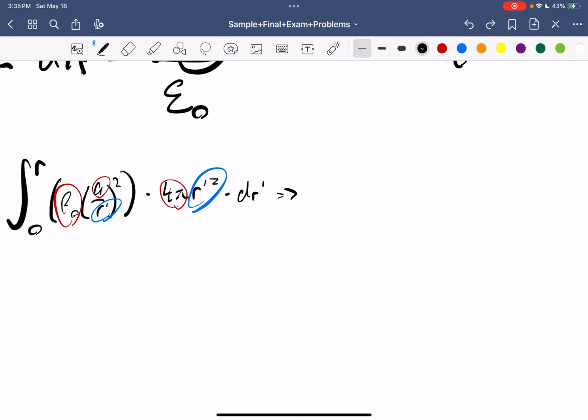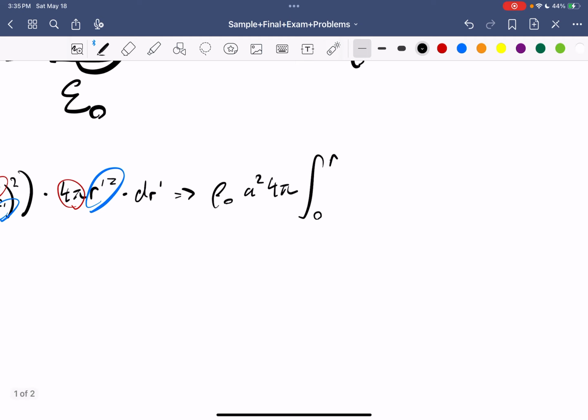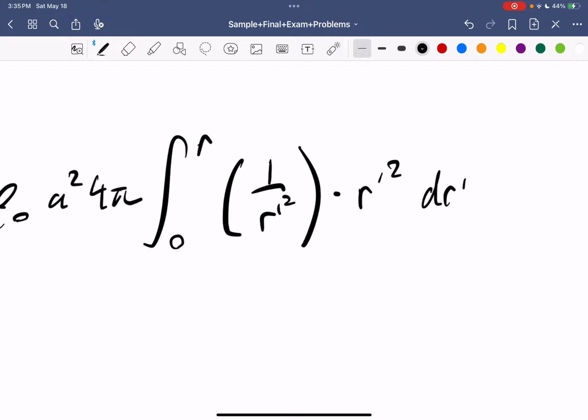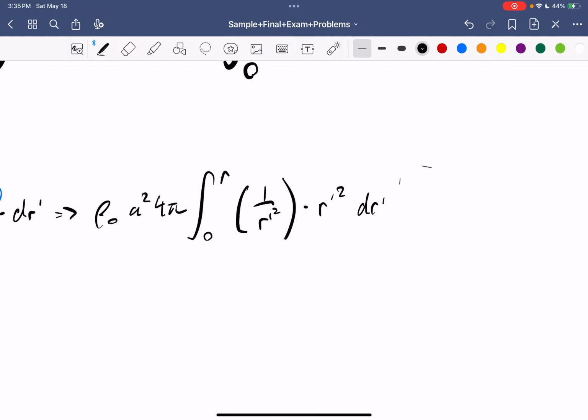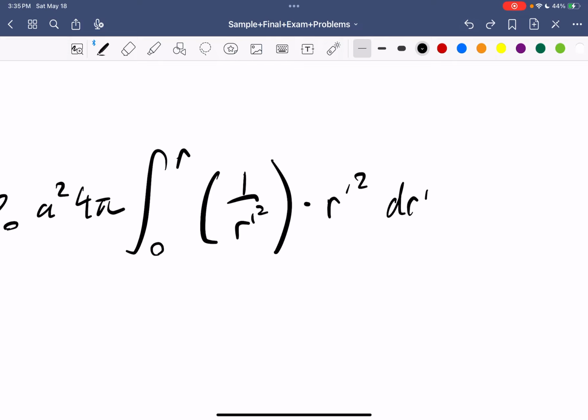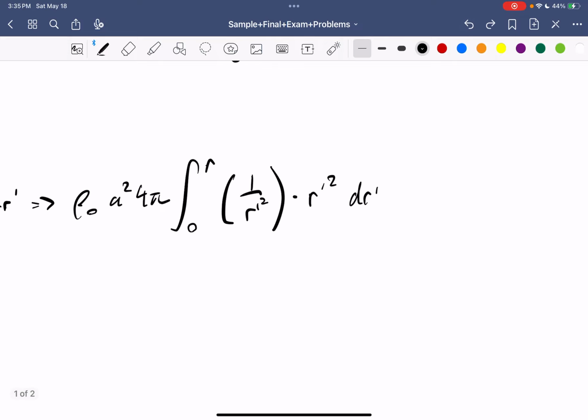So let's just move all the constants in front: rho sub naught, a squared, and 4 pi, times the integral of 1 over r prime squared times r prime squared dr prime. Now we can see that we can cancel out these two r prime squared terms.